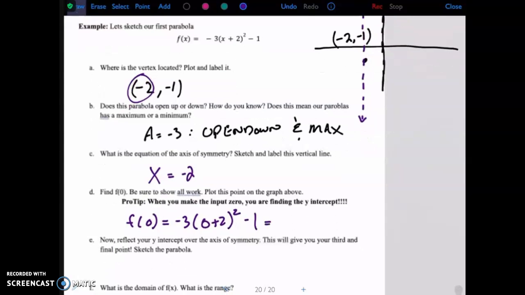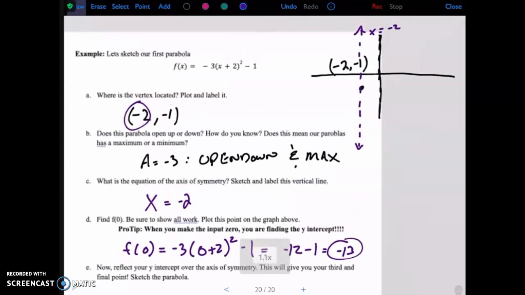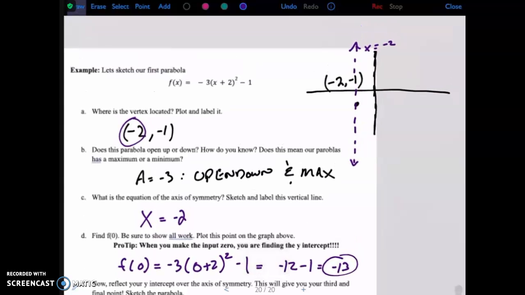So -3 times 4 is going to be -12. Minus 1, I think I said plus 1, is -13. So there's my y-intercept at -13. So that's going to be way down here. Right about here. (0, -13).